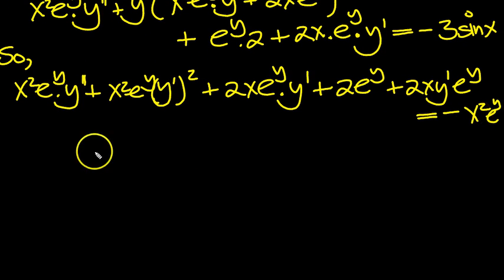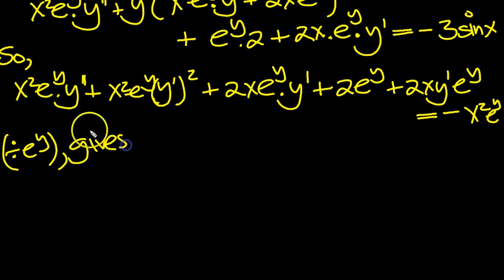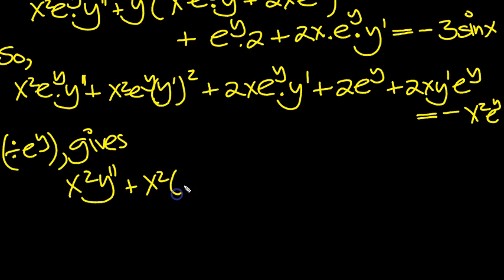So let's turn our attention to this then. Let's divide by e to the y and try and tidy it up a bit. Gives, so we've got x squared y double dash then, and we've got y dash squared plus an x squared times y dashed squared. 2x and 2x y dashed make 4x y dashed.